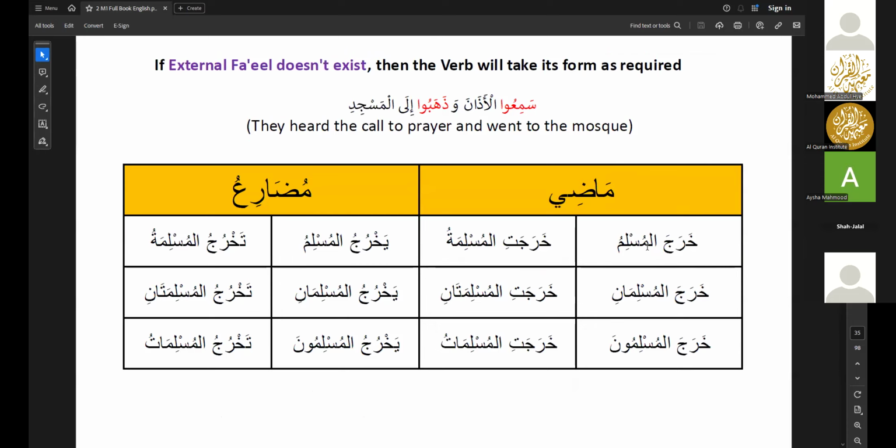Now, the first one is al-muslimu, al-muslimani, and the third one is al-muslimuna. So mufrad, musanna, jam', singular, dual, and plural. So kharaja is the huwa form.